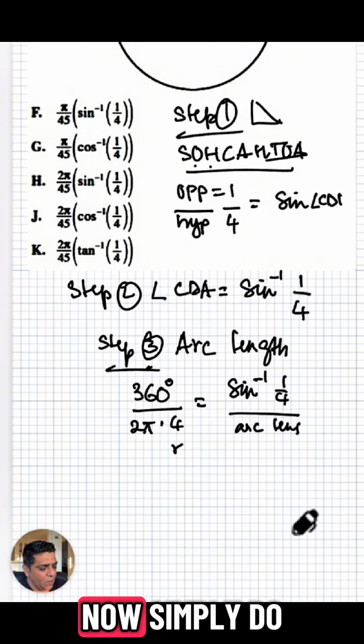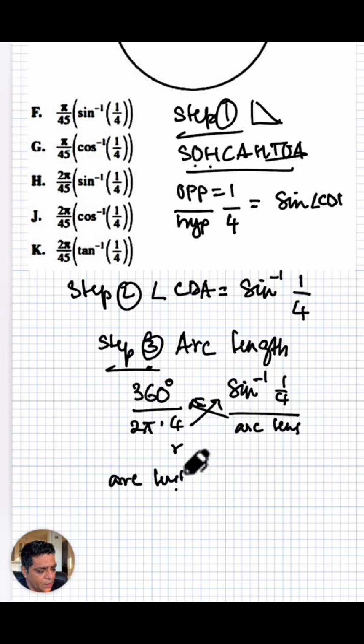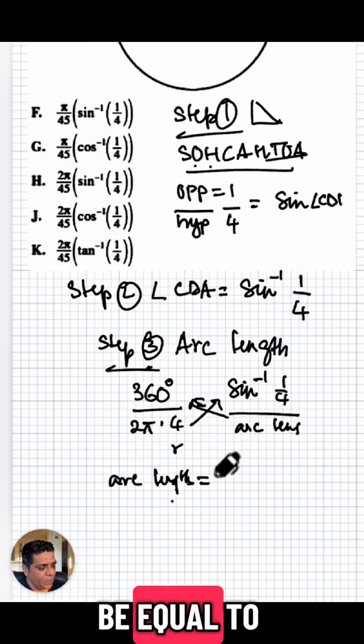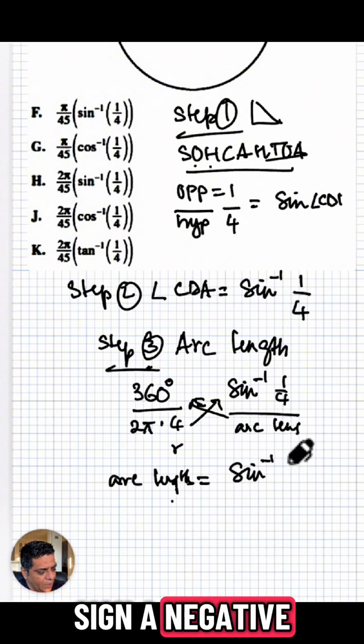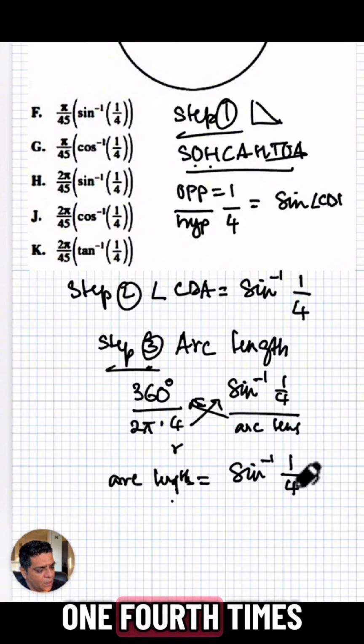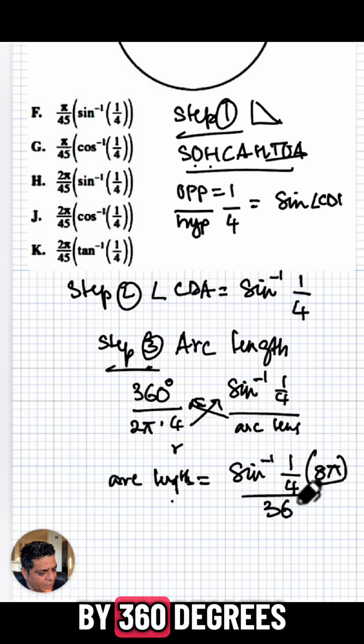All right, so now simply do cross multiply, and the arc length is going to be equal to, we can try to simplify some of this stuff, sine inverse 1/4 times 8 pi divided by 360 degrees.